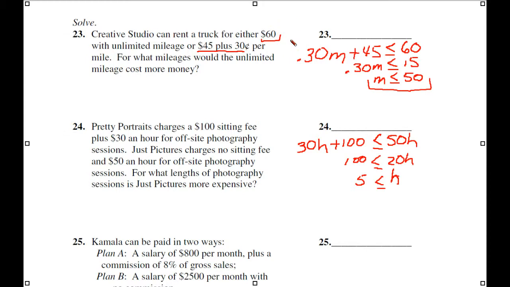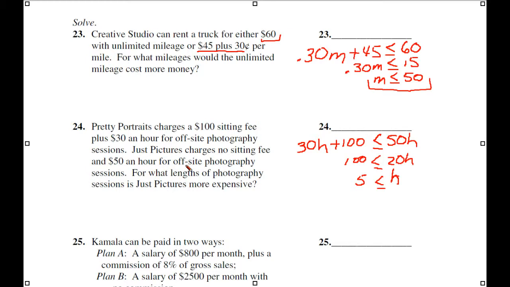Going on to example 24. Here a portrait studio is offering a $100 sitting fee plus $30 an hour for off-site photography, or $50 an hour for off-site photography.